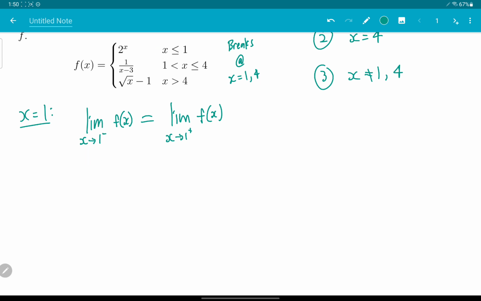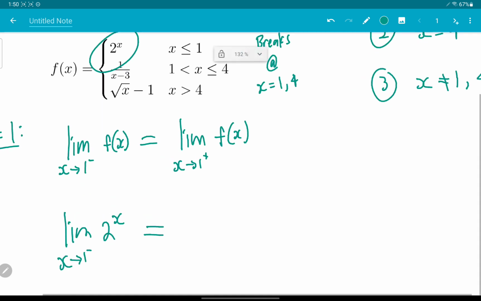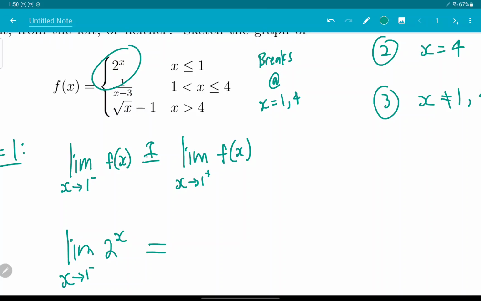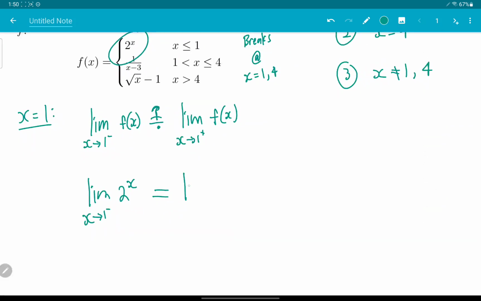So I use the first definition, 2 to the x. So limit as x goes to 1 minus of 2 to the x. I'm putting a question mark here, because I'm trying to evaluate whether these two things are the same.